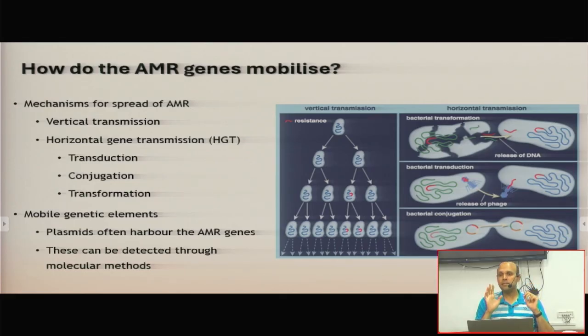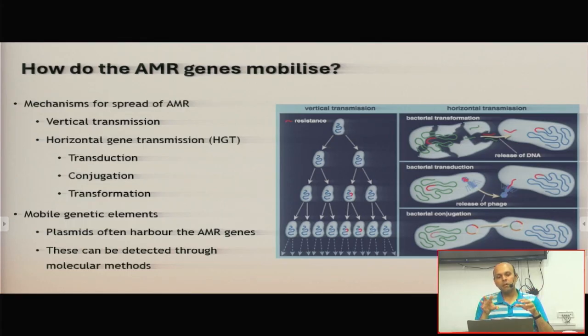One is transduction. Transduction happens when you have a bacteriophage. A bacteriophage is a virus that infects bacteria. Bacterio stands for bacterium and phagos means to eat. You can see the phage in the picture, blue in color with a red head.